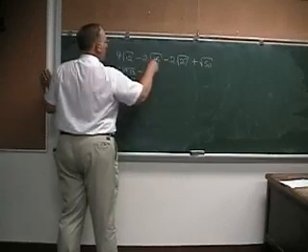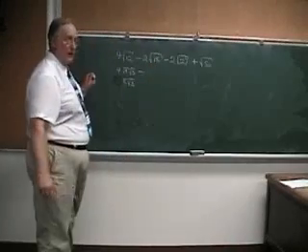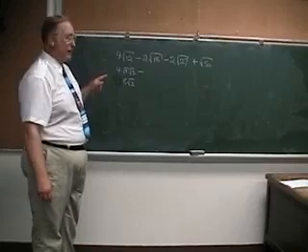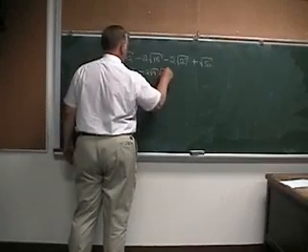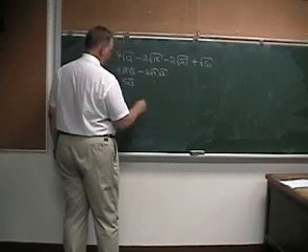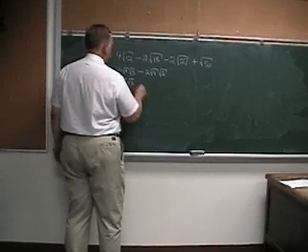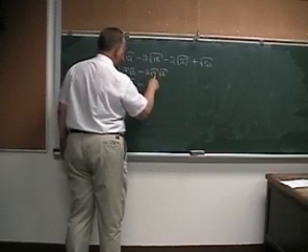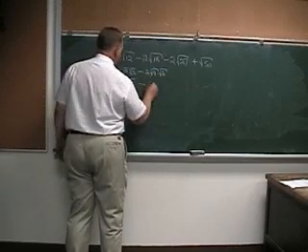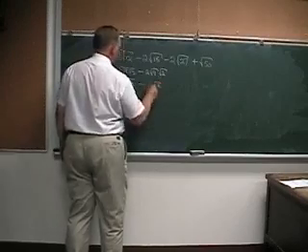Square root of 18. 9 will divide in there, so I think we have 2 square roots of 9 times the square root of 2, which becomes minus 2 times 3 times the square root of 2, or 6 square roots of 2.